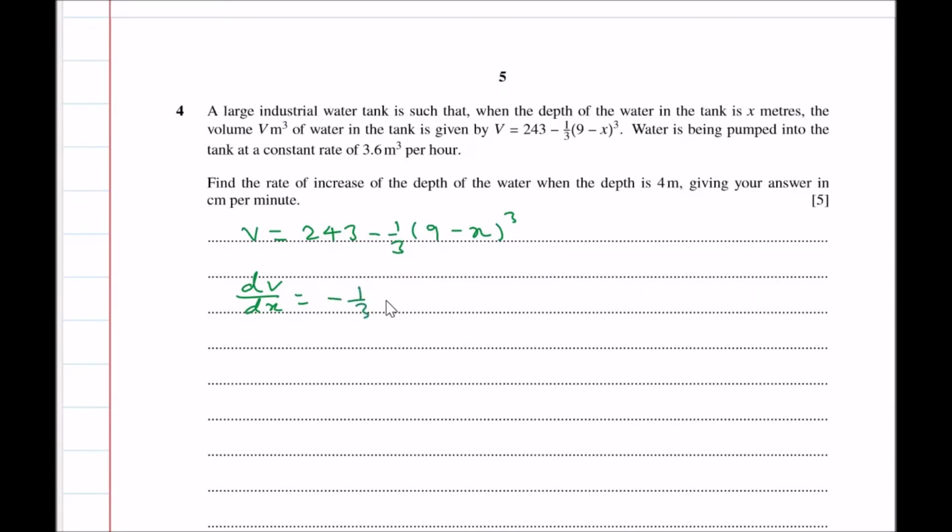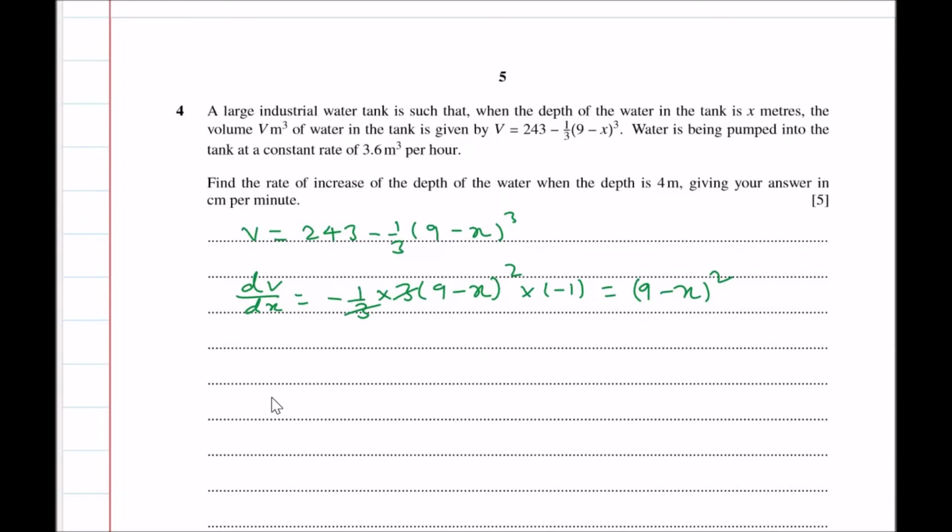Minus 1 by 3 into 3 comes here, means we are differentiating. So 3 into (9 minus x) to the power 2. Now if you simplify this, and for minus x we multiply by minus 1 using the chain rule, the 3 cancels out, so we are left with (9 minus x) whole square, positive.